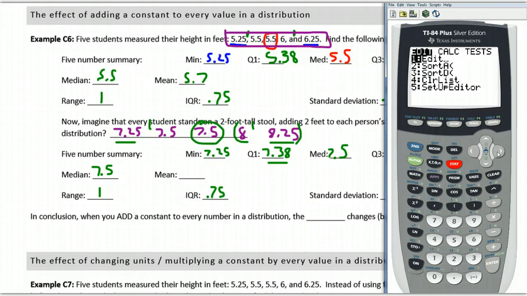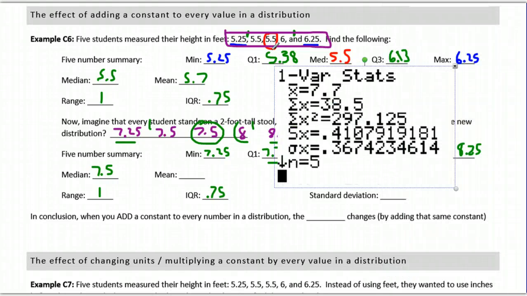I want to see my one variable statistics, so I'm going to go to Calc, 1-Var Stats. And when I get that, I'll drag it in just to see my numbers. My x bar, my mean, is 7.7, and my standard deviation, my sigma x, is 0.37 when rounded off.